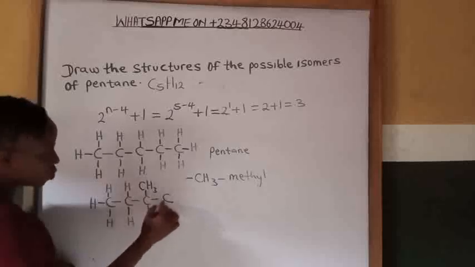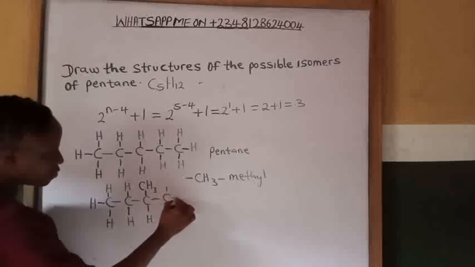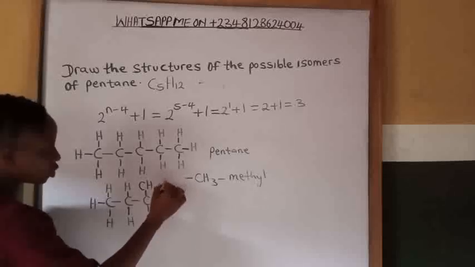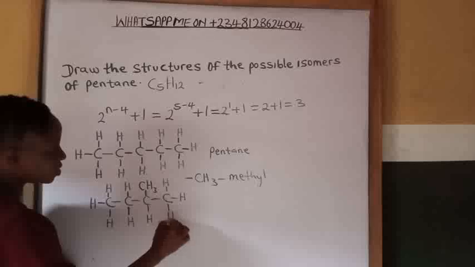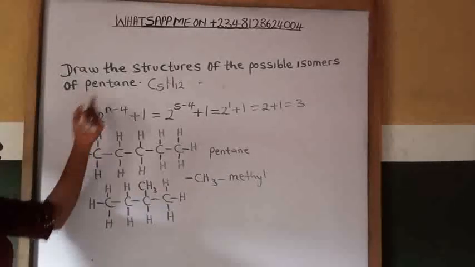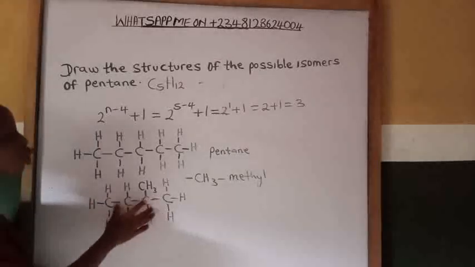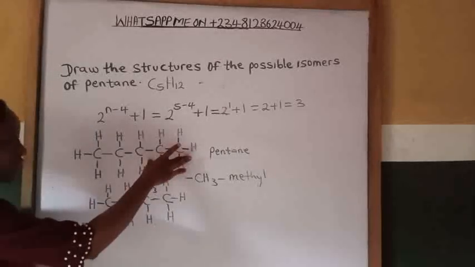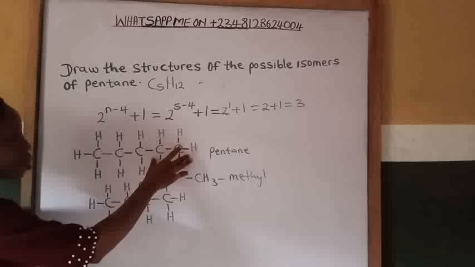This one needs one more hydrogen atom. 1, 2, 3, 4. So fill with hydrogen atoms. So this is another isomer of pentane. So the name will be totally different from what we have here.